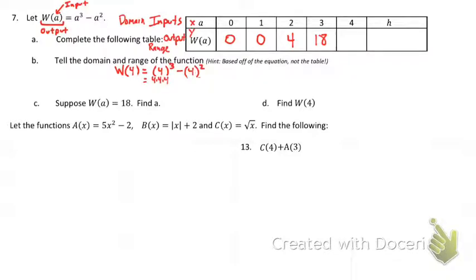Please don't put 12, but it's 4 times 4 times 4. Here is 4 times 4. This gives me 64. This gives me 16. And if you do the math correctly, you should get 48. So function W, when I input 4, my output is 48.